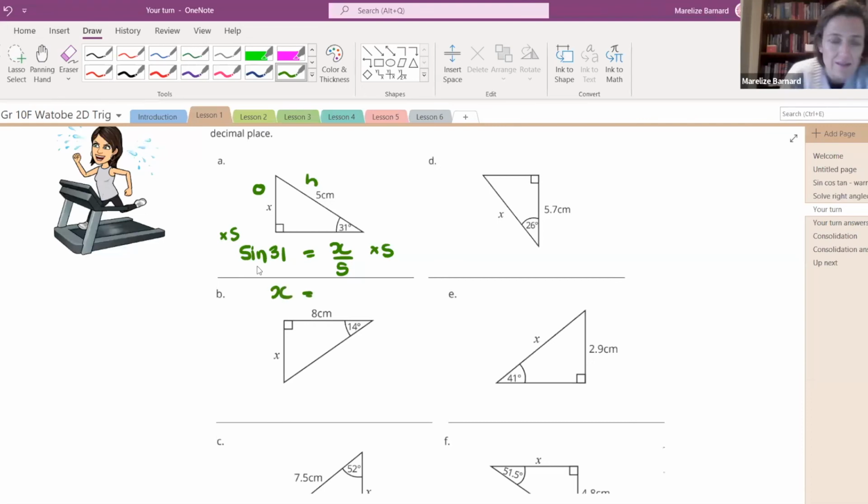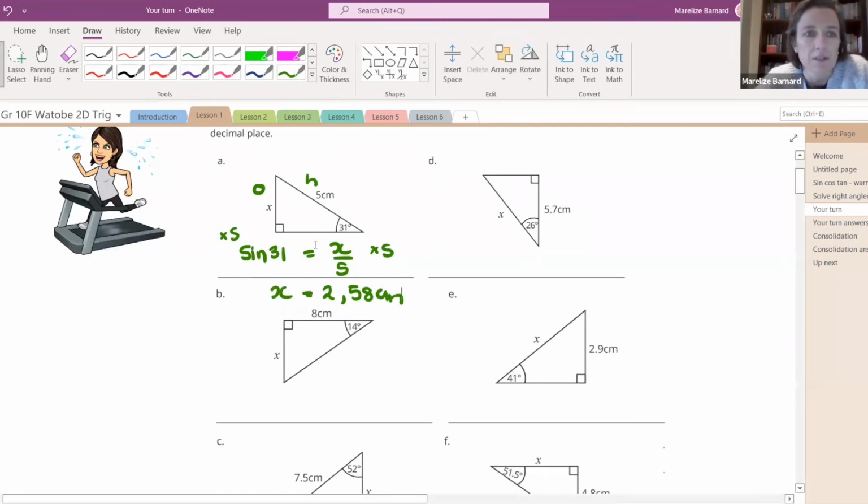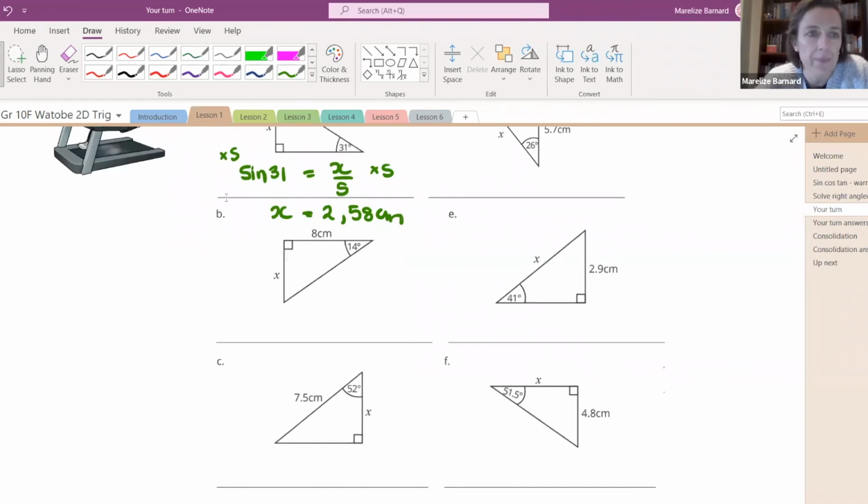And we're going to get x is 5 times sine 31, and that is 2,58 centimeters. Who got that first one right? Put a thumbs up emoji in the chat if you got that first one right. X is 2,58. Well done. Good stuff.